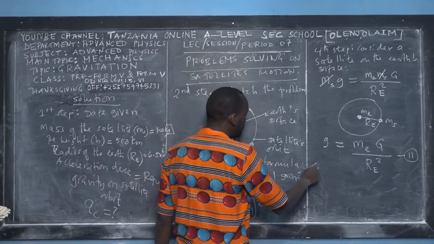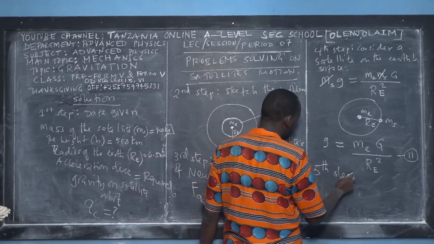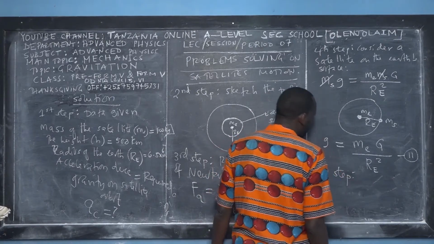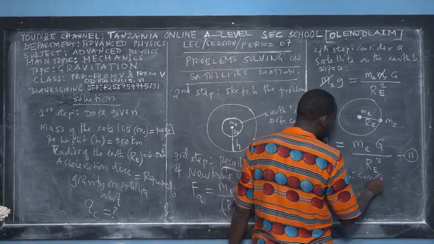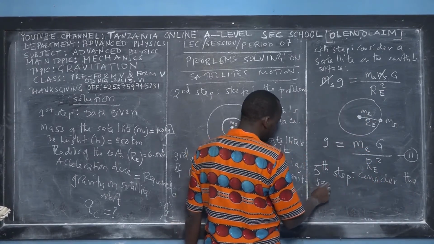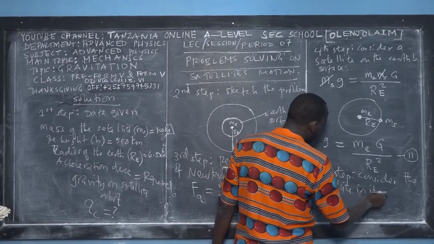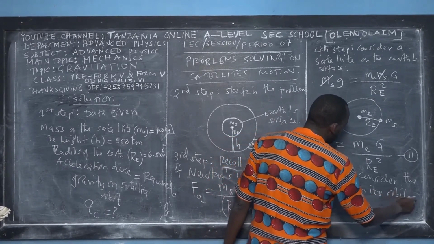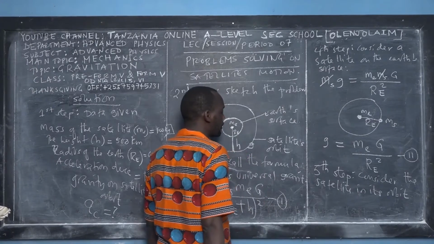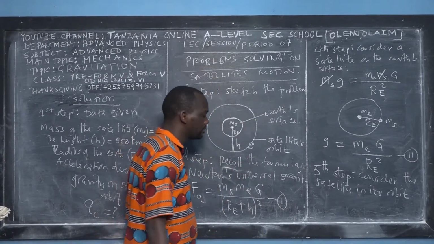The fifth step of solving this problem in part 1, because we are still solving part 1, we say that consider the satellite now in its orbit. So consider the satellite is now in its orbit, which means outside the Earth's surface.